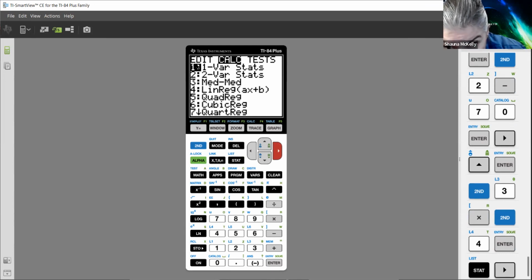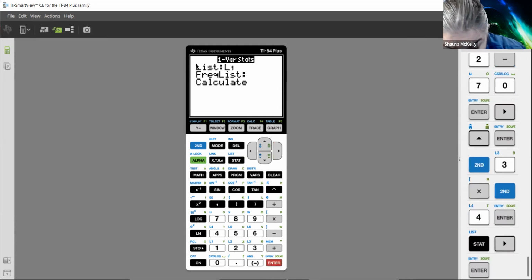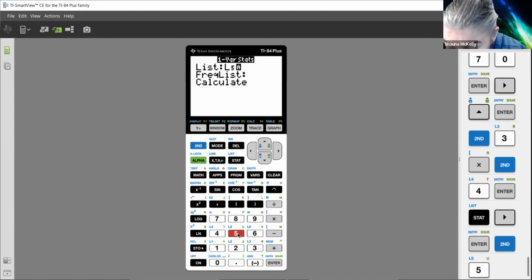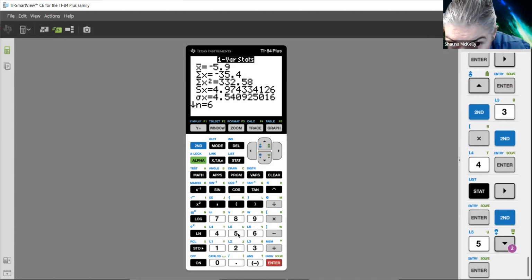One var stats, enter, and make sure you enter not L1. You want to enter L5, the sum of those products. So I'm going to change this to L5. Second, number 5. We don't have a frequency list, and I like to calculate that. I don't care about anything else on here, and in this case, I don't want the mean.